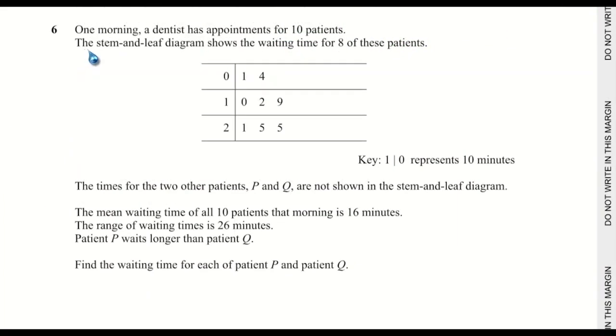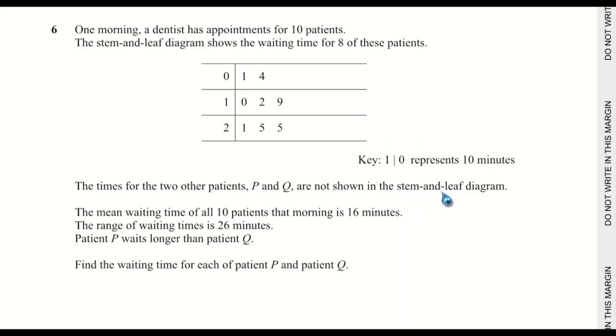Question 6. One morning, a dentist has appointments for 10 patients. The stem and leaf diagram shows the waiting time for each of these patients. As you can see from the stem and leaf diagram, the times for the two other patients, P and Q, are not shown.